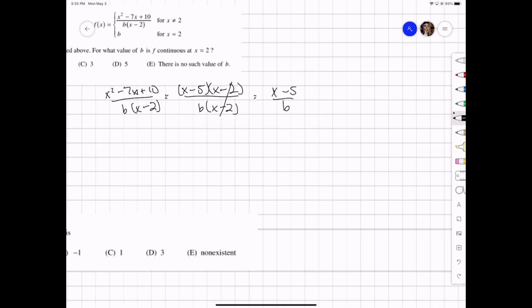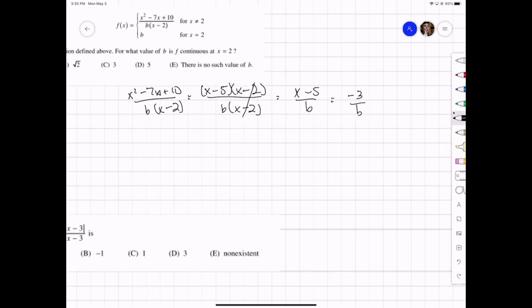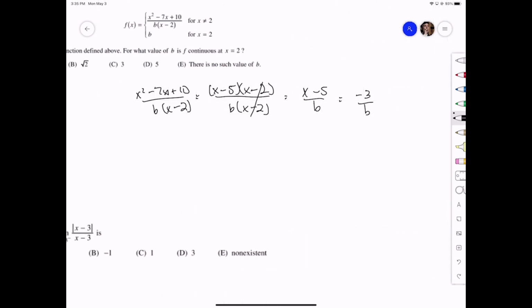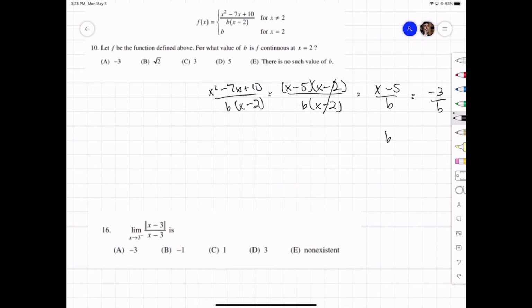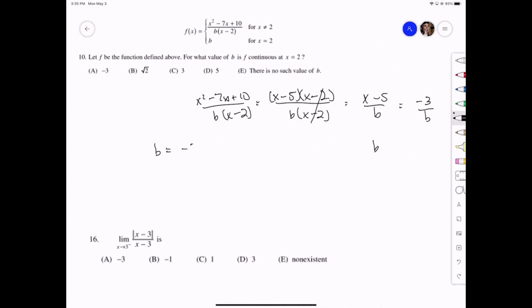And as x approaches 2, it will be negative 3 over b. And from the right, as x approaches 2, it's b, because it's like a constant. So in order for f to be continuous, we want b to be equal to negative 3 over b. So we want b squared equal to negative 3. But b squared can never be equal to negative 3, so E is the answer.